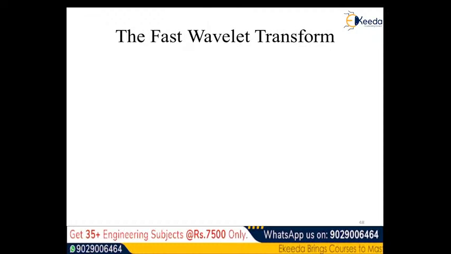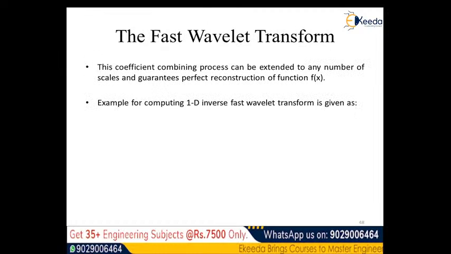So for the one dimensional fast wavelet transformation, we have dealt with one example in the previous slides. For the inverse case also we can represent it in a block schematic for the two scale, or two stage, inverse fast wavelet transformation synthesis filter bank.